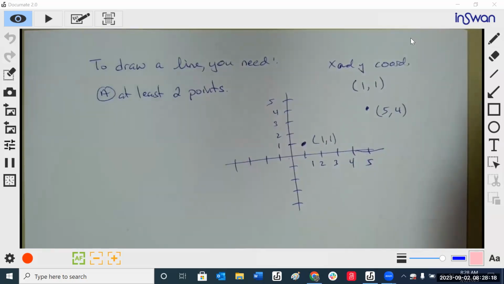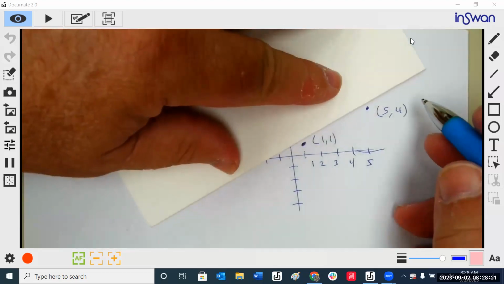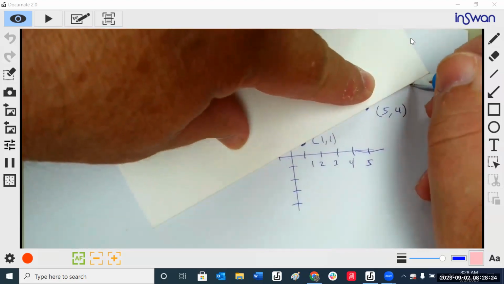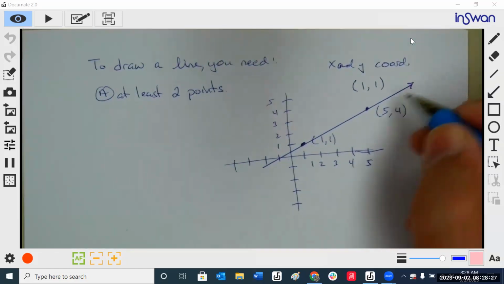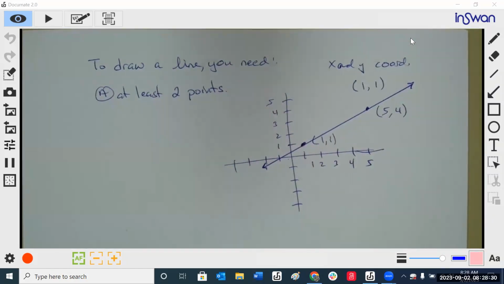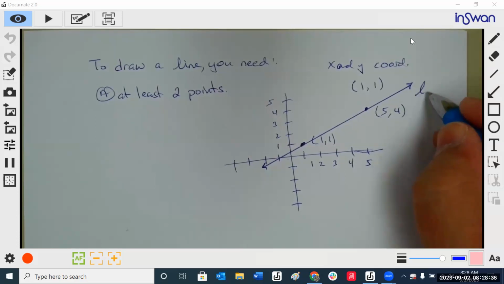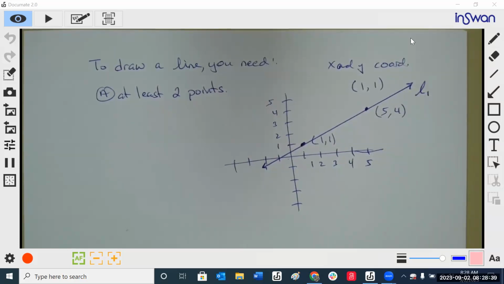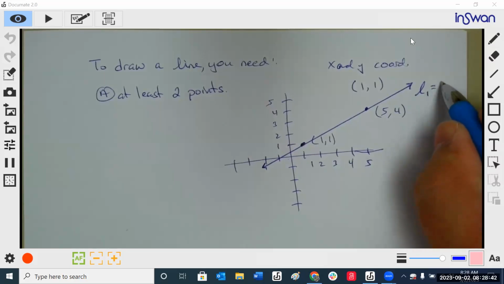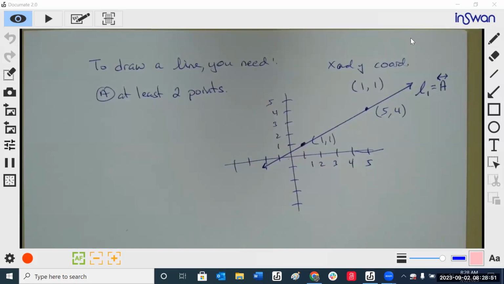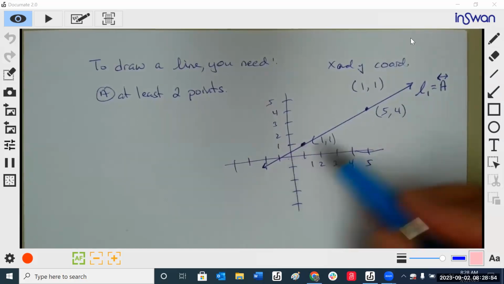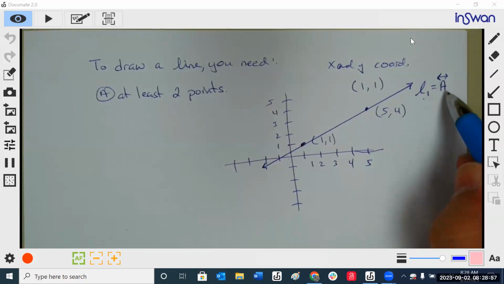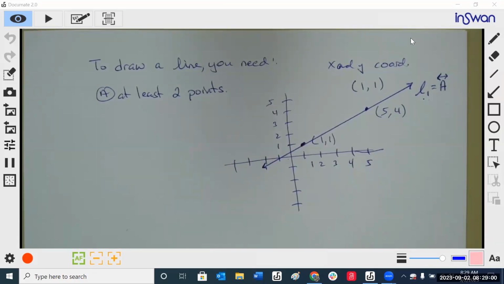Now, since I have 2 points, there can be one and only one line that connects them. So we can call that line 1, or give this line a name A, but it has to have 2 arrows on top of it. You can call it either way.